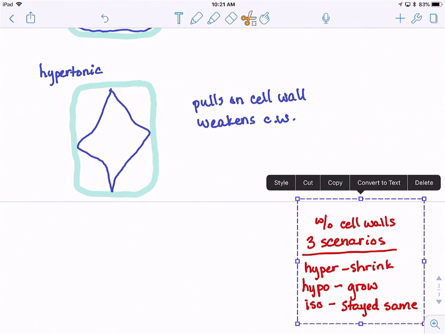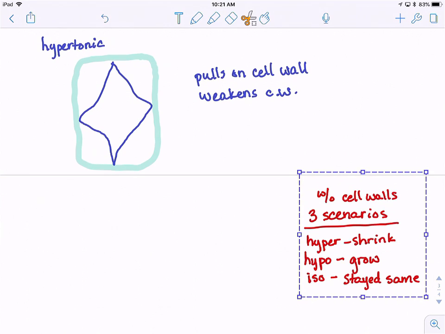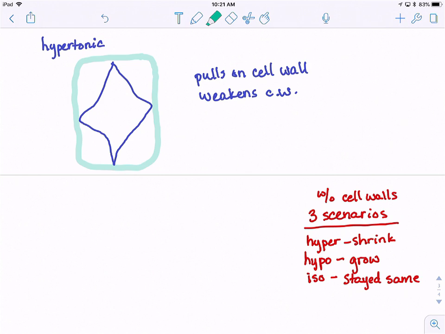Just going to bring this down with us so we can keep an eye on it. In a hypotonic solution, oops, that's a really weird looking plant cell, but okay. This is a hypotonic solution.